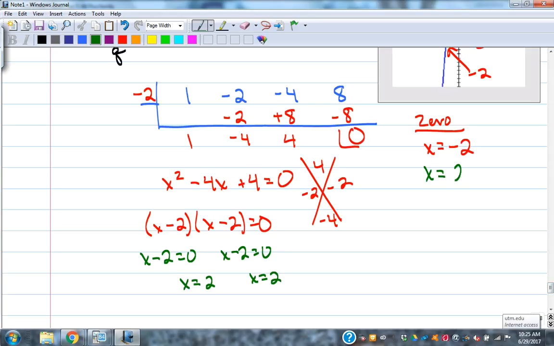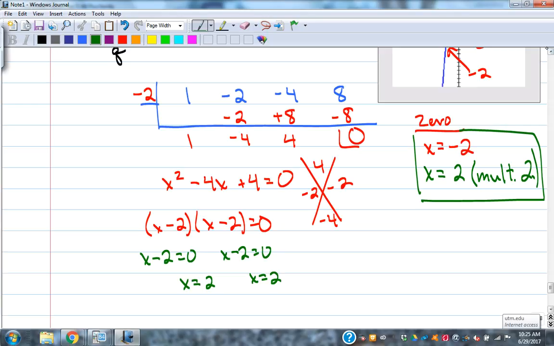So that's x equals 2 with a multiplicity of 2. This is how I usually write that: x equals 2 with a multiplicity of 2. That means it happened twice. What I want you to notice is what the graph looked like.